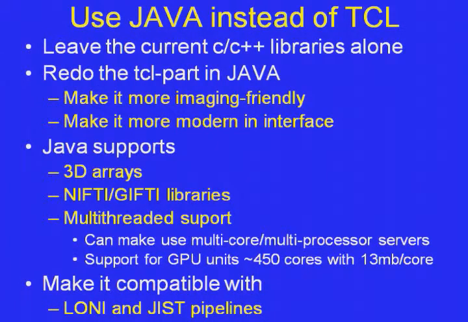A particularly exciting part of this development would be the support for GPU units. For those of you who don't know what a GPU is, it's basically a video card technology where you can buy a video card that has between 500 and 2,000 individual cores, each of them with about 10 to maybe 20 megabytes of RAM on it. Then you can submit massively parallel jobs to this system, and it will execute them remarkably fast.